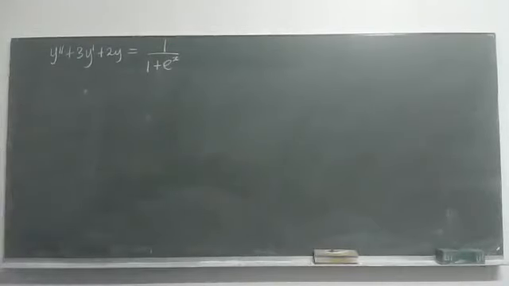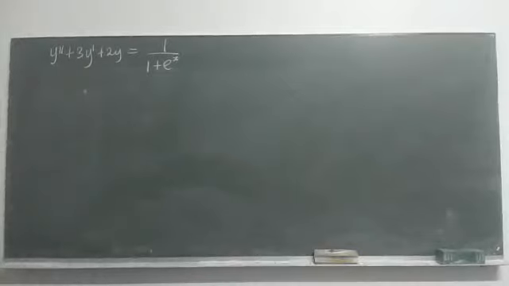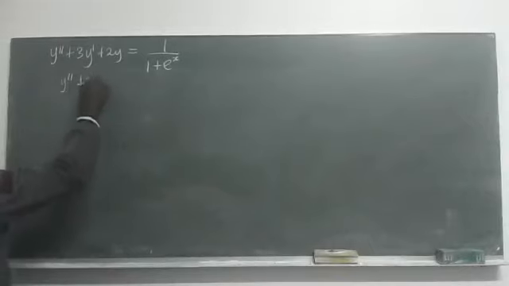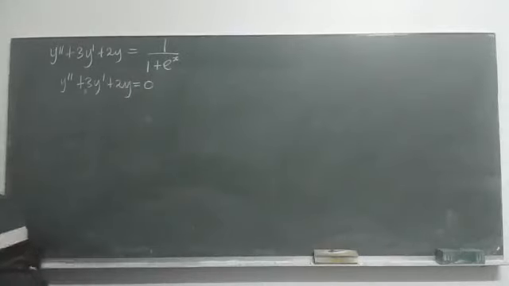So what we do from this given expression, we start off by assuming a homogeneous ODE. In other words, we start off by trying to find the complementary solution of the homogeneous ODE y'' + 3y' + 2y = 0. Alright?